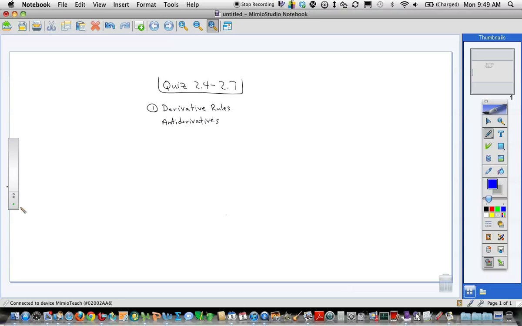That's how you do an antiderivative. So when I have x to the third, the reason that 1/4 x to the fourth is the antiderivative is because when I take the derivative of 1/4 x to the fourth, I get x to the third. And always keep in mind, whenever you do an antiderivative, you always have to tack on plus c.